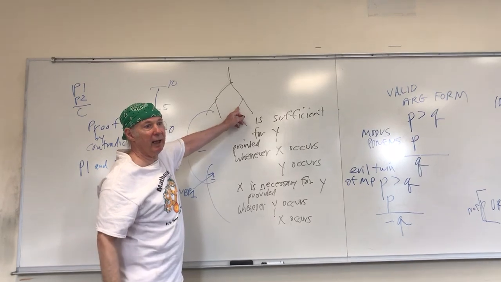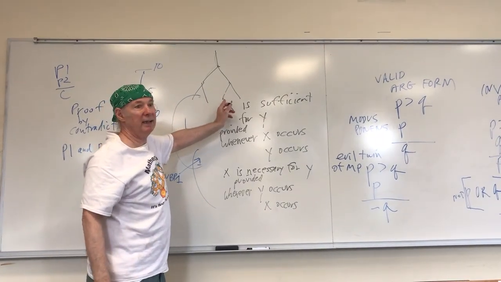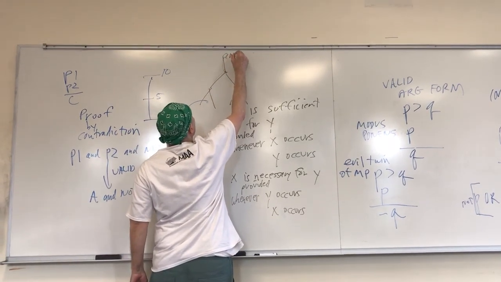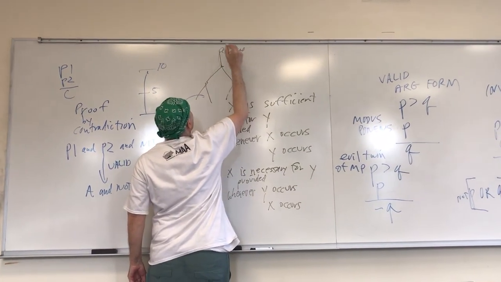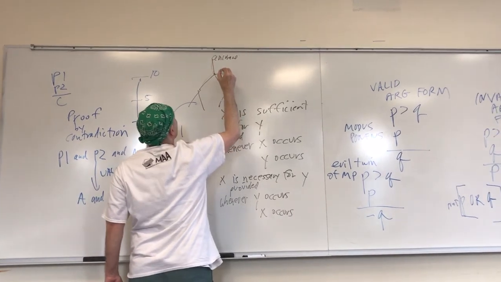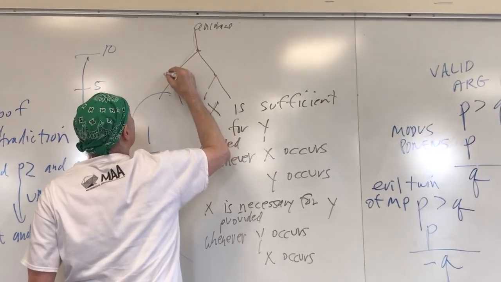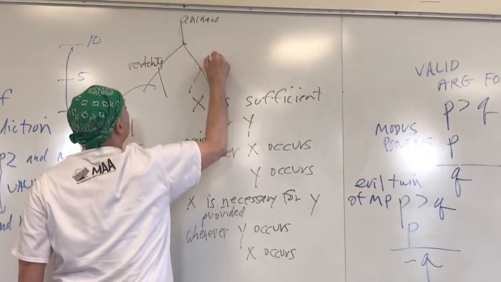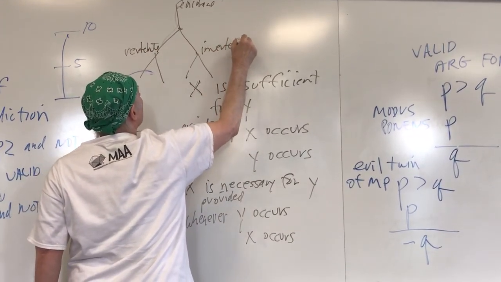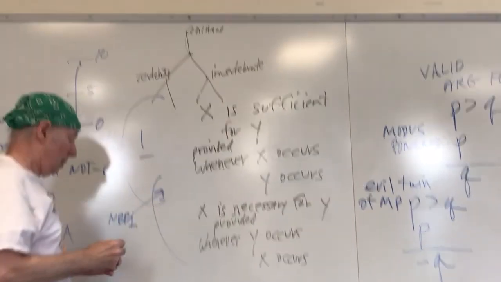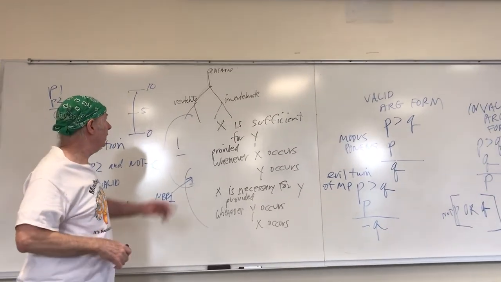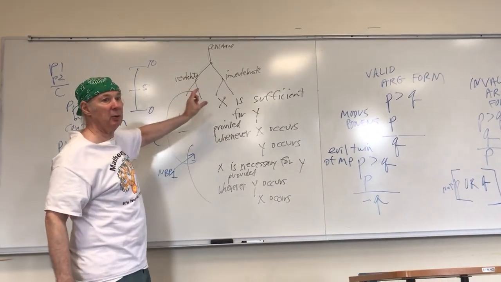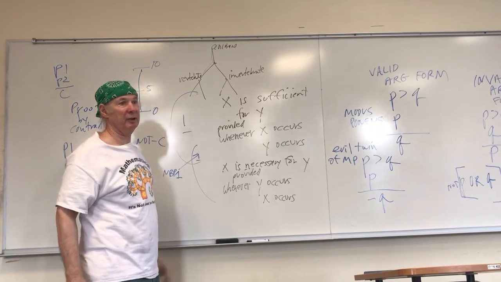Suppose that's a hierarchy, call it the animal kingdom, where animal branches into vertebrate and invertebrate. Okay, we can talk about nodes in this hierarchy, relations between nodes in terms of necessary and sufficient.